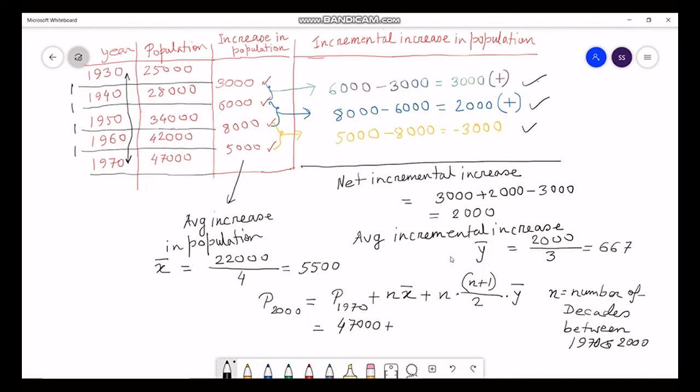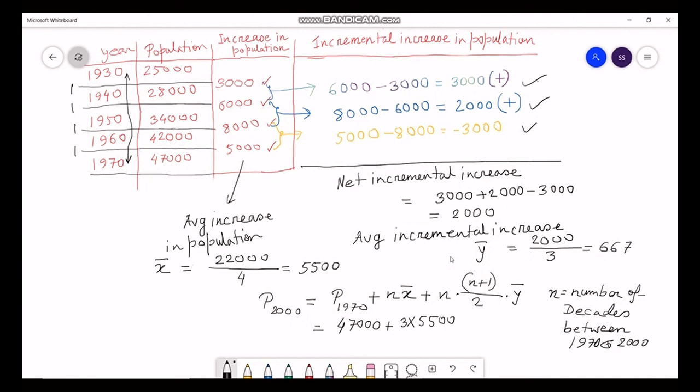plus n equals to 3, as the number of decades between 1970 and 2000 is 3, multiplied by x bar, that is 5,500.